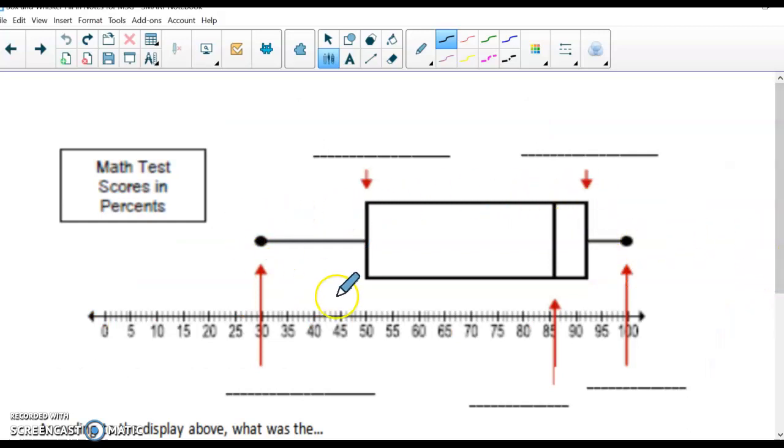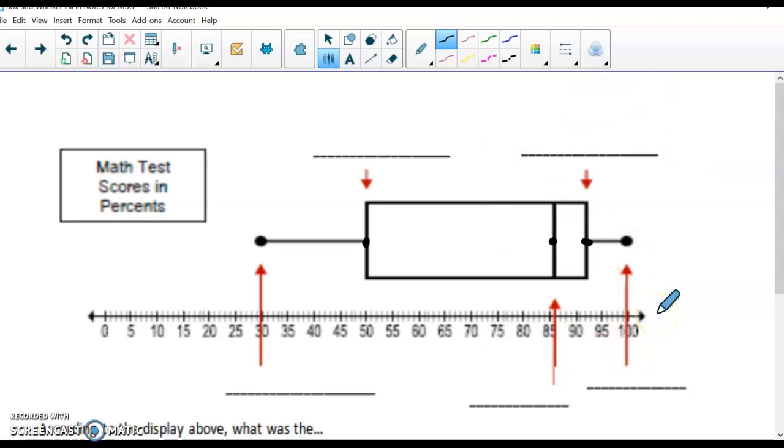So here's an example of a box plot. We have a dot here, and a dot here, a dot here, and a dot here. I have included on Edmodo a hard copy of this in Word form.